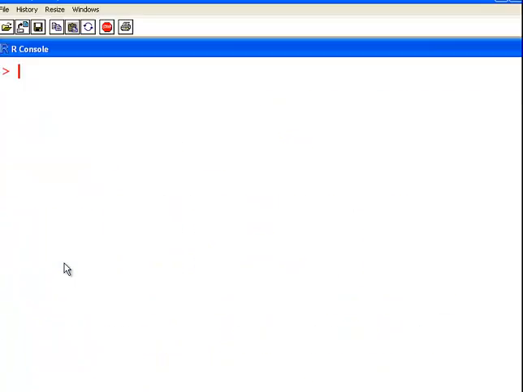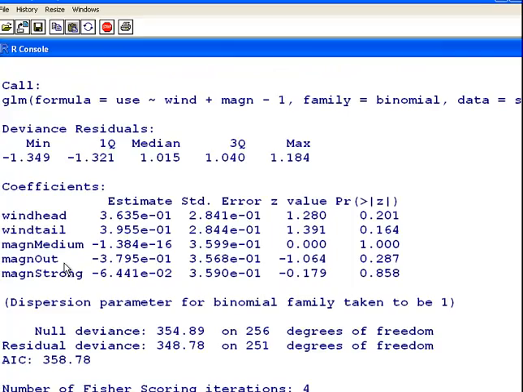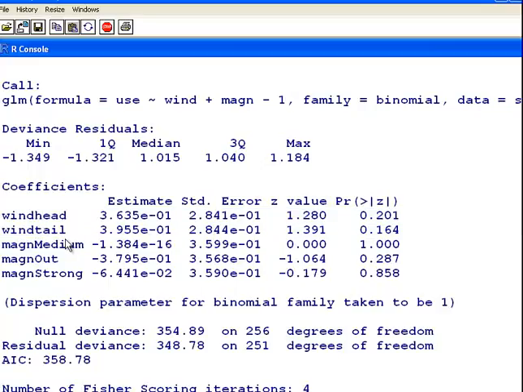So what we're going to do here is do the same thing again. We're just going to take out the intercept, so we have -1 here. Okay, what does that mean? The summary of fit 1 is we can see wind head and wind tail both together, and taking into account the magnitude levels.